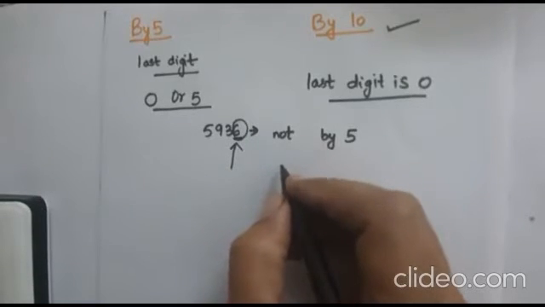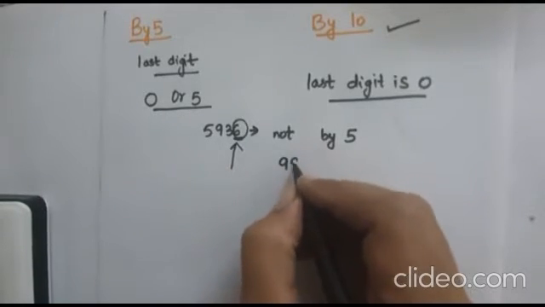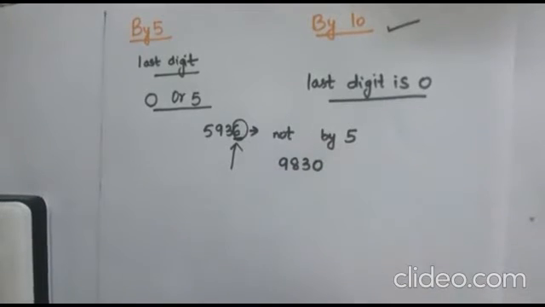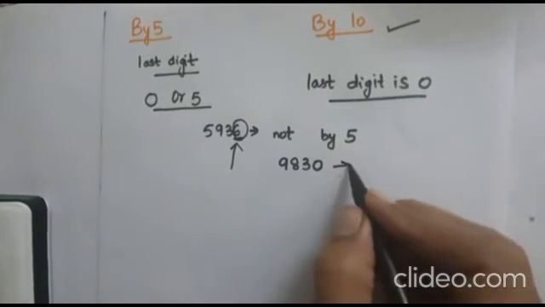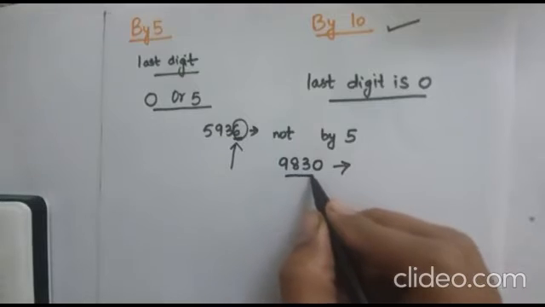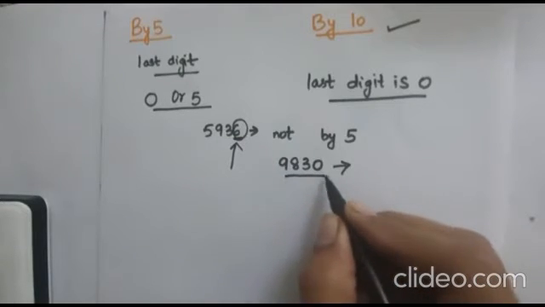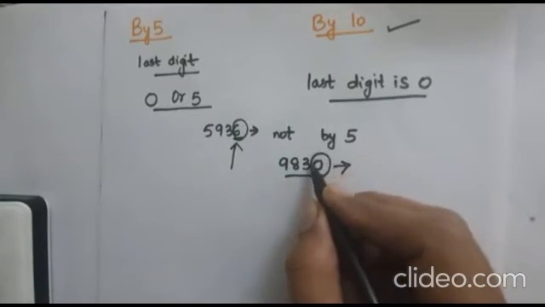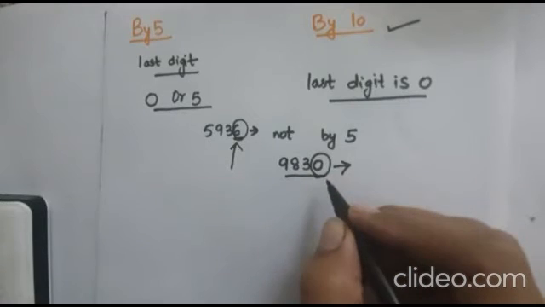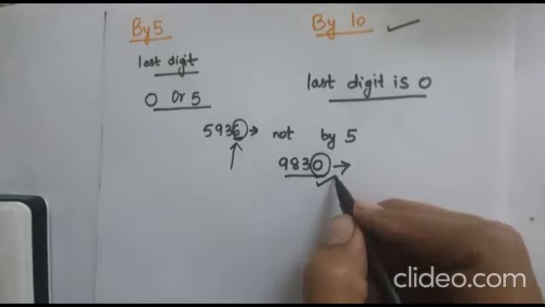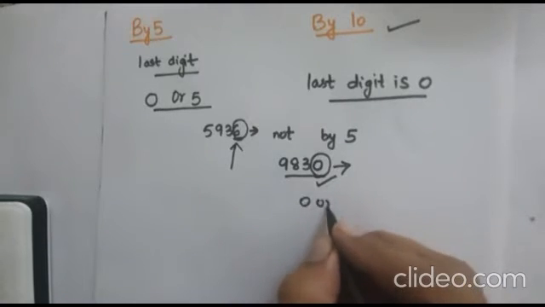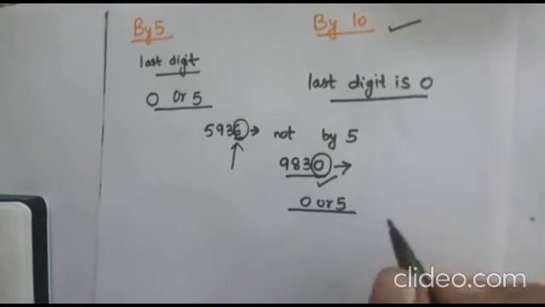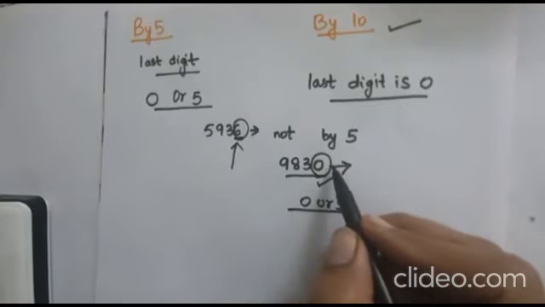Now let us take one more example, 9830. Now students, this number is divisible by 5. Why? Because the last digit is 0. Keep in mind, for 5, the last digit should be 0 or 5. Also, this number is divisible by 10 because the last digit is 0.